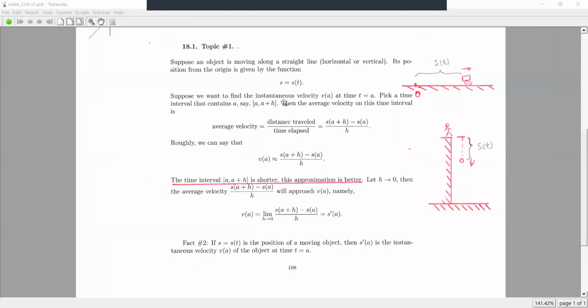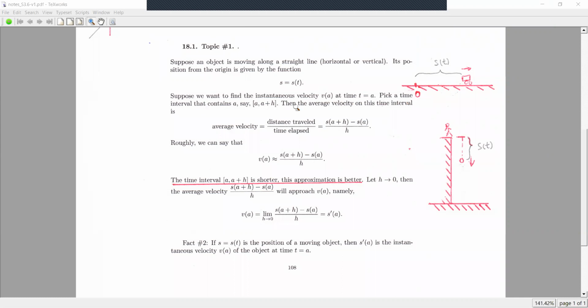To find the instantaneous velocity at the time a, pick a time interval that contains a. For example, pick the time interval from a to a plus h, where h is some positive number.